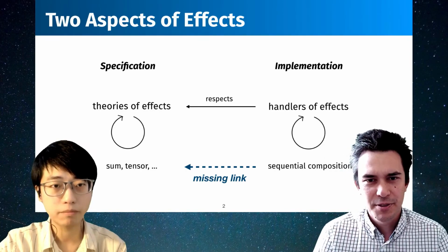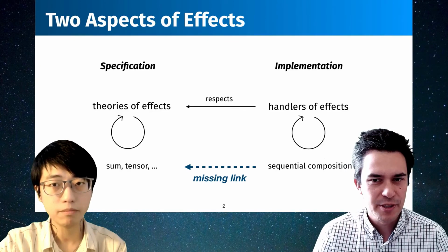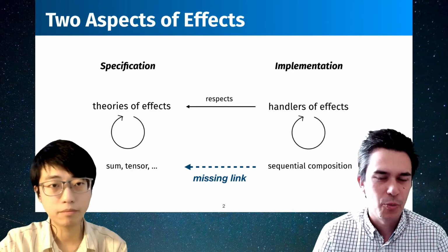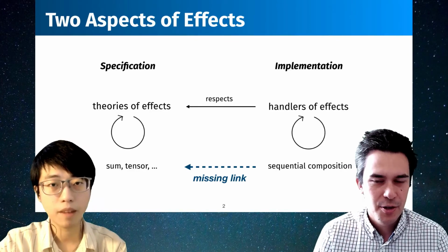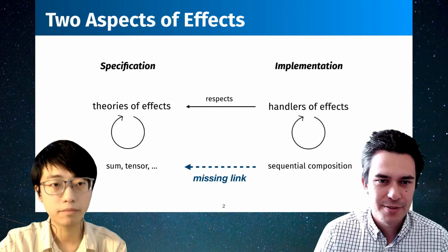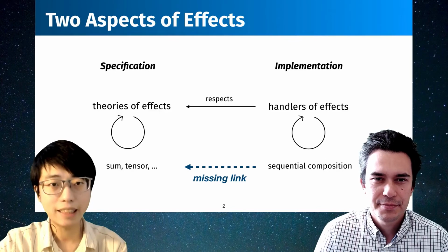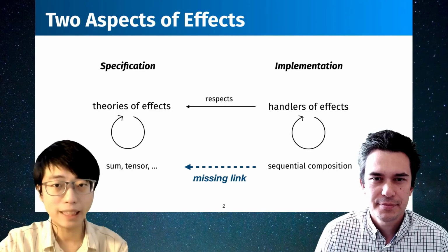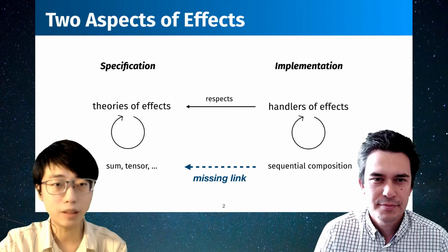This is a classical instance of separating an implementation from specification, isn't it? You know, where a programmer writes programs and reasons about them according to the effect theories, which are separately implemented by handlers. Indeed. And even nicer, both effect theories and handlers are composable in their own right.